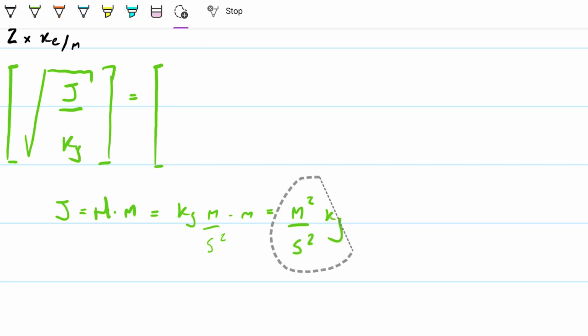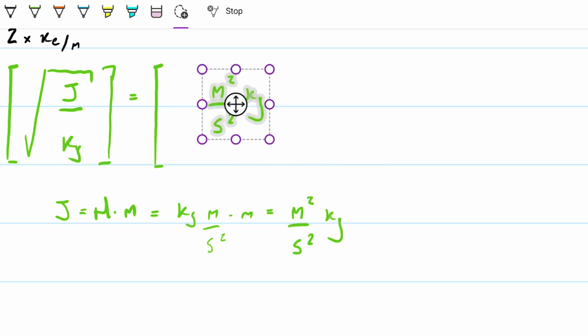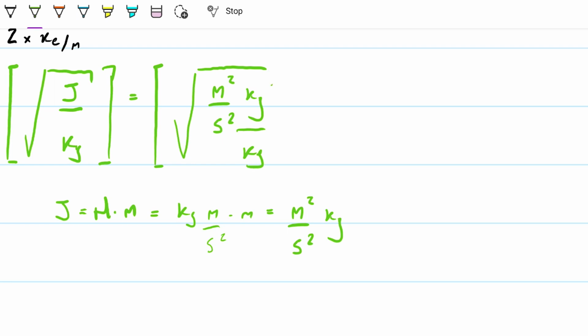And if I plug this in, and I know that I have a kilogram dividing there, then kilograms and kilograms go away, and I am left with the square root of meters squared per second squared.